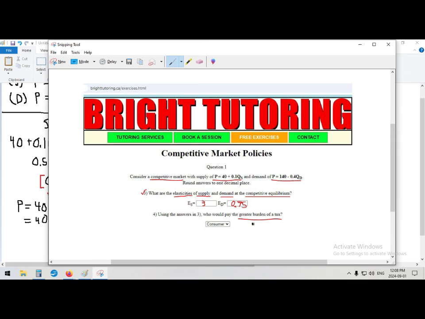The key intuition here is that whoever is more inelastic is going to pay more of the burden. In terms of our supply and demand, demand was inelastic and supply was elastic, so it's going to be the consumer who pays it. And that's how you solve that question.